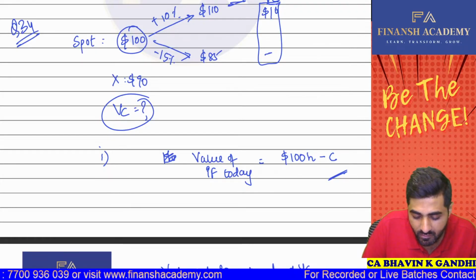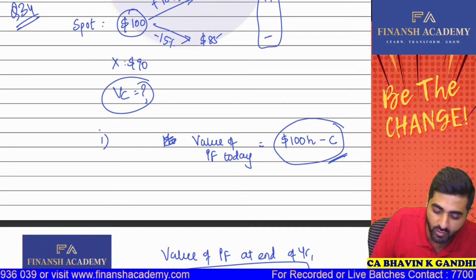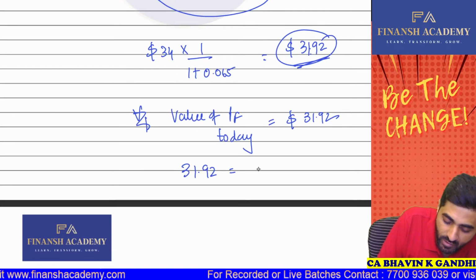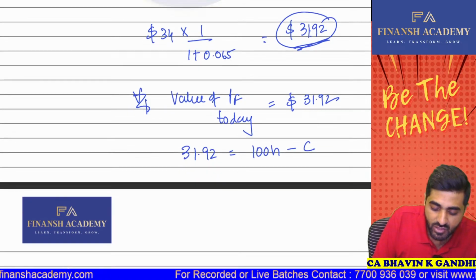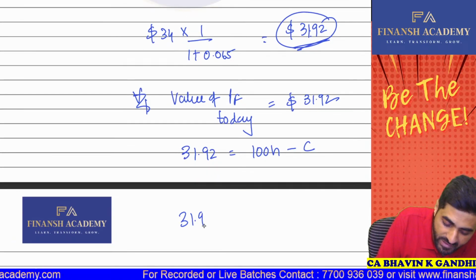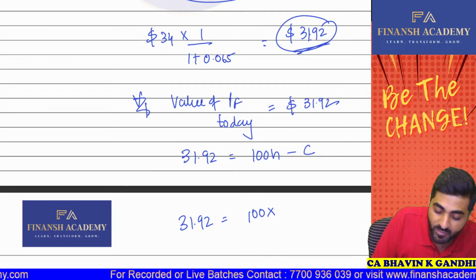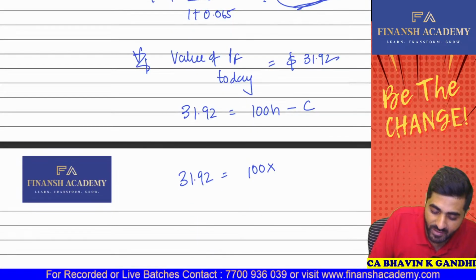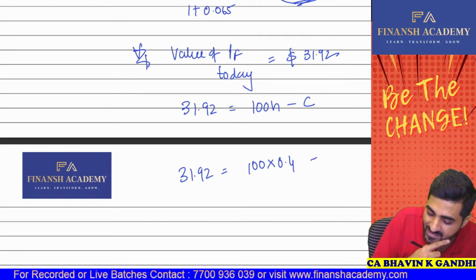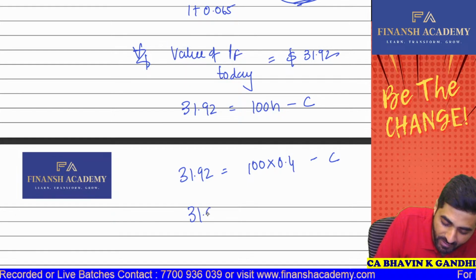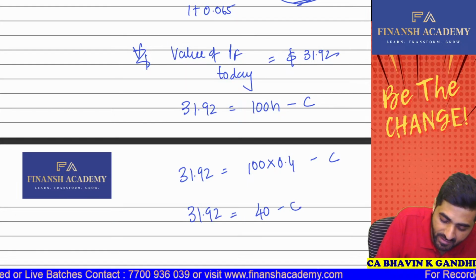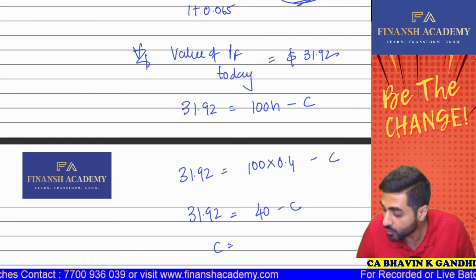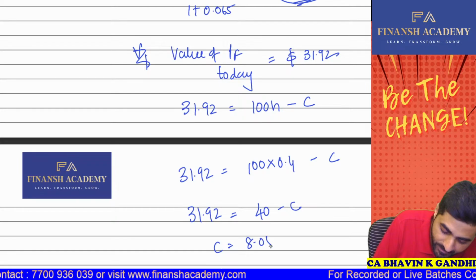The value of the portfolio today, as you all know, is 100H minus C. So 31.92 is equal to 100H minus C. So will this give me the call option price today? What is your H? Your H is nothing but 0.4. So I'll take this as 0.4 and minus your C. So 31.92 is equal to 40 minus C. So now your C will be 40 minus 31.92, which is nothing but 8.08.